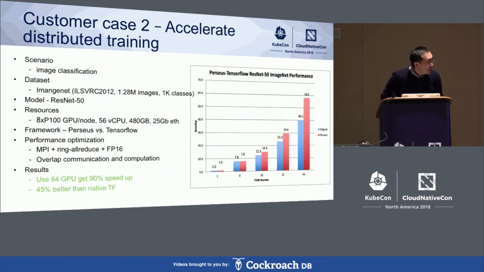The other one is that we cooperated with Alibaba internal AI teams to do some deep learning framework optimization work. Based on TensorFlow or PyTorch, we do some tuning and MPI plus ring all-reduce, all those kinds of work.